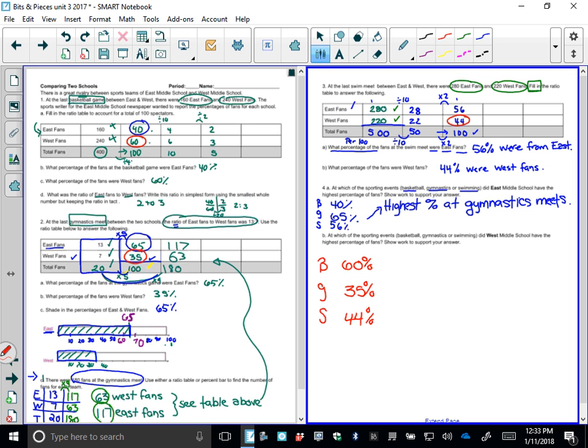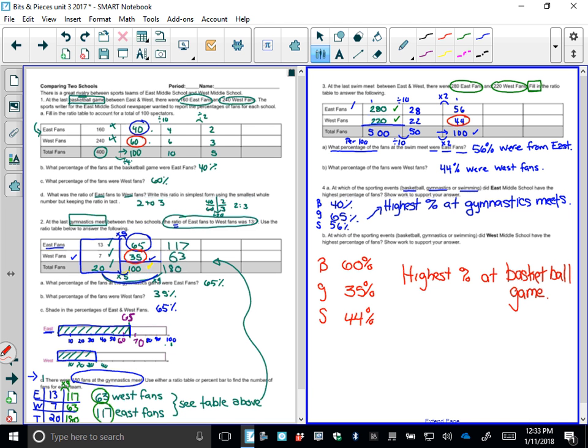So it looks like they had the highest percentage at basketball. So they must be a school that has a lot of basketball fans.